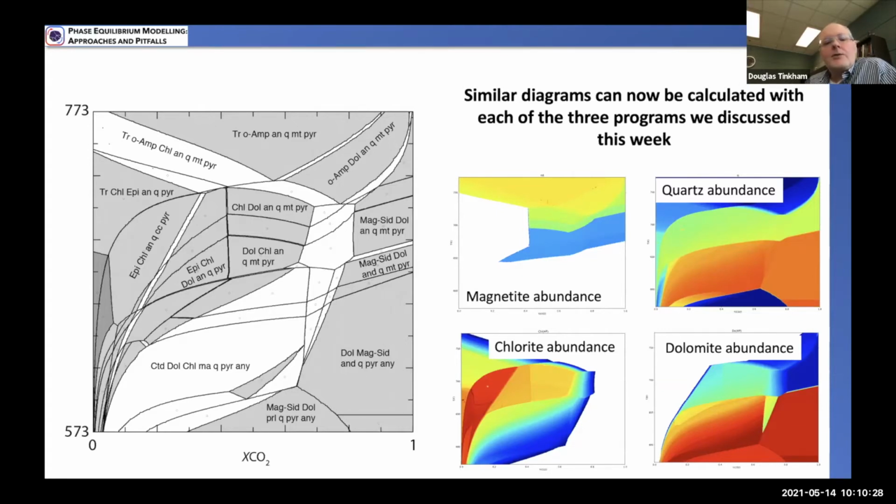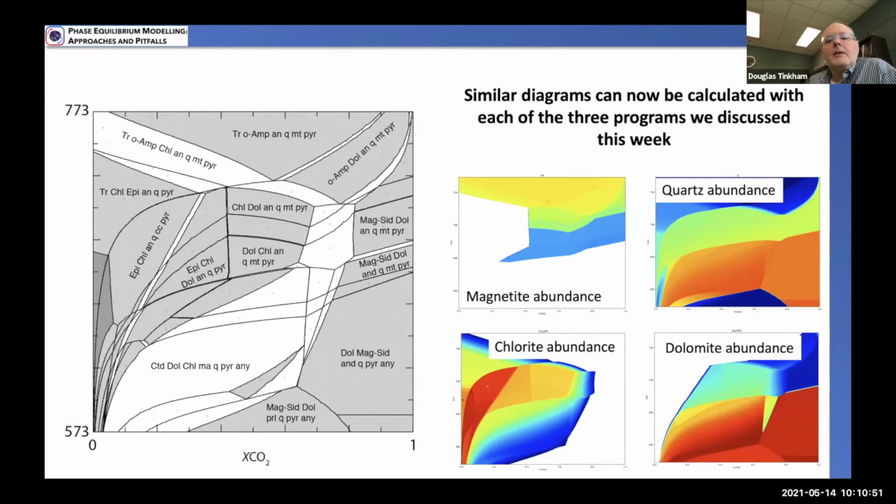These are diagrams that Mark calculated in Perplex. A very similar setup, a TX CO2 diagram, in the calcium, iron, magnesium, silica, carbon, hydrogen, and oxygen system, it looks like. Some solid solutions there, some pure end members. Again, you can start to generate these pixel maps, and these things don't take a long time to generate.